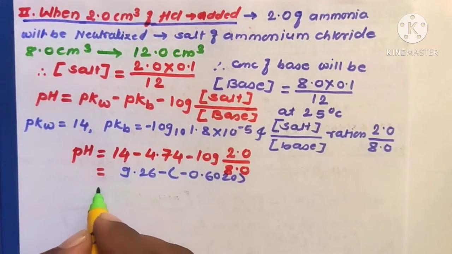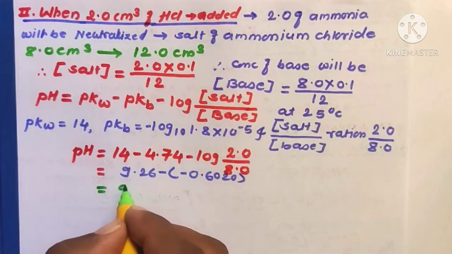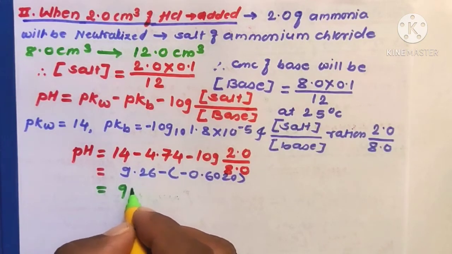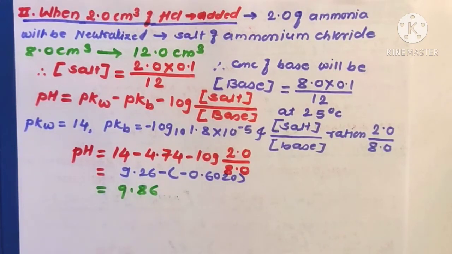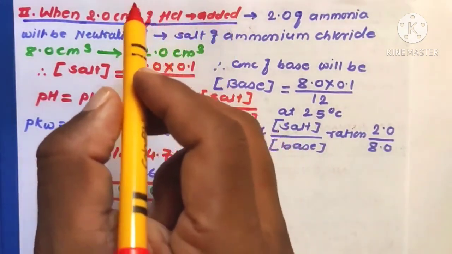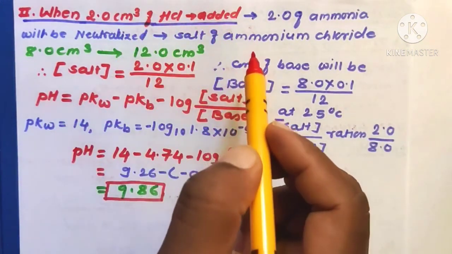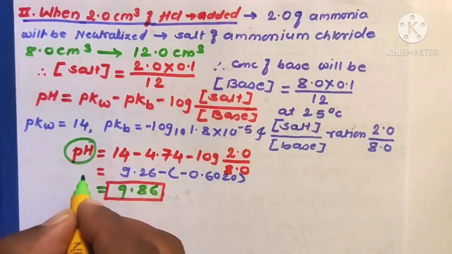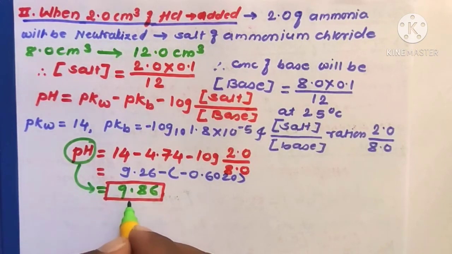Again we will get the pH of the solution as 9.86. So when 2 cm cube of hydrochloric acid is added to the titrant, that is the ammonium hydroxide solution, the pH of the solution will be 9.86.